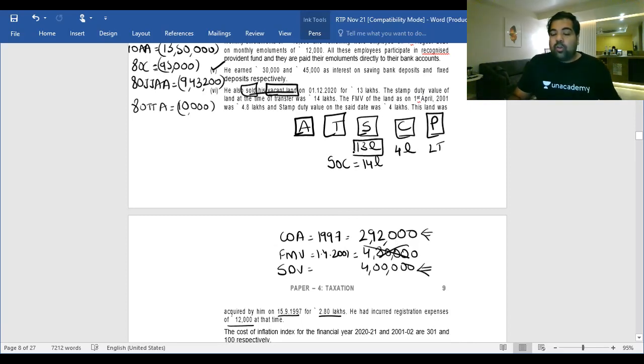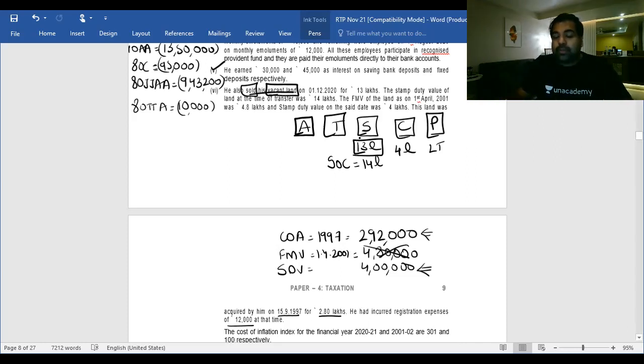I repeat, whenever you sell any land or building, which is a capital asset, you check the sale consideration against the stamp duty value. 110% of 13 lakh is basically 14 lakh 30,000. Is the stamp duty value within that? Yes, it is 14 lakh, and hence your sale consideration is perfectly all right. So let's calculate. Sale consideration is 13 lakh.